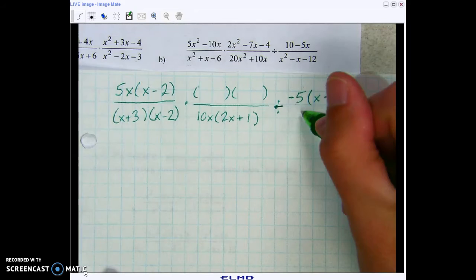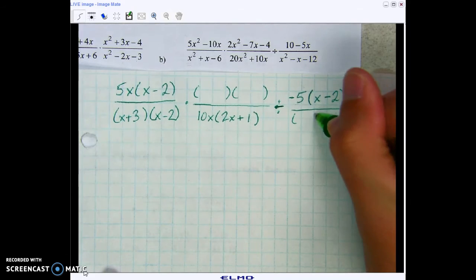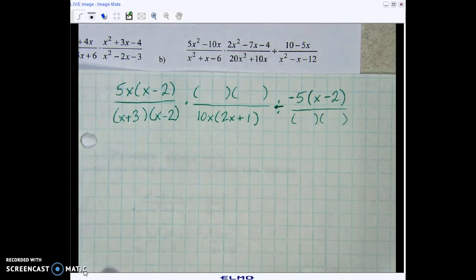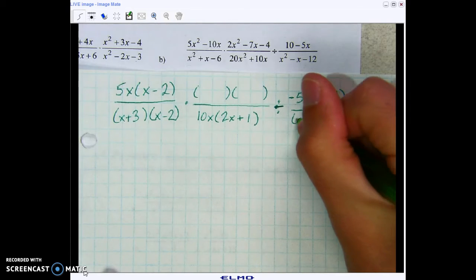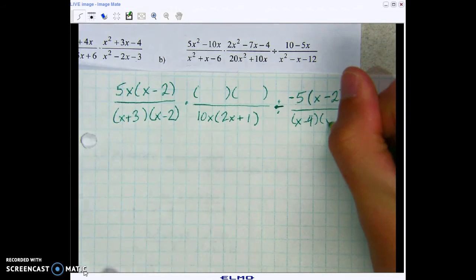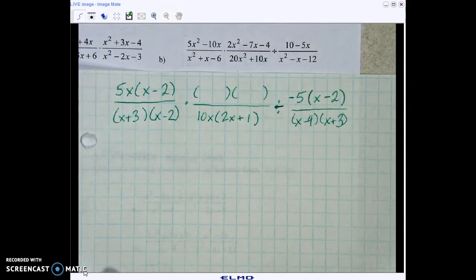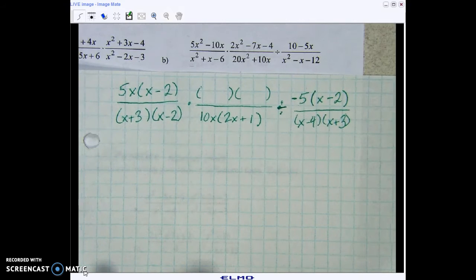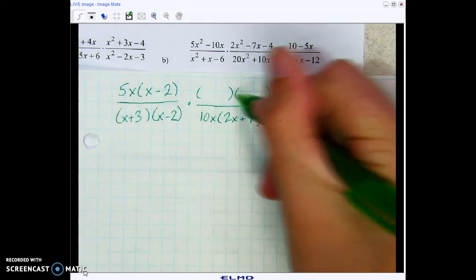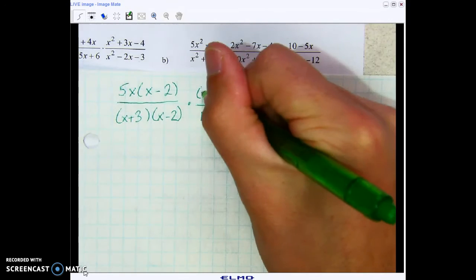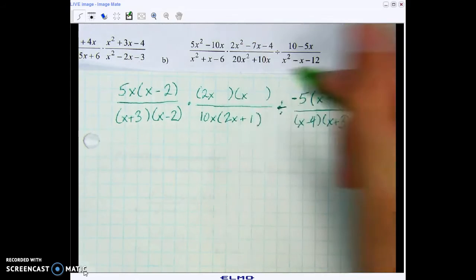All right. And then in the denominator, this is going to turn into x minus 4 times x plus 3. Is that okay? All right. The only thing left then is this thing up here, right? So I know this has to be a 2x and this has to be x.